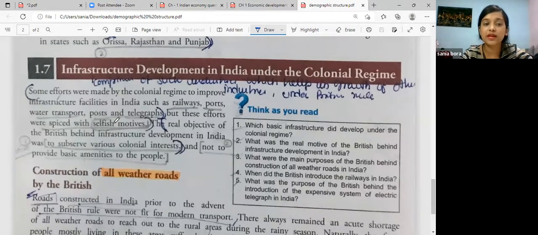Okay. So first we'll give the heading: infrastructure development in India under colonial regime. Just give the heading.